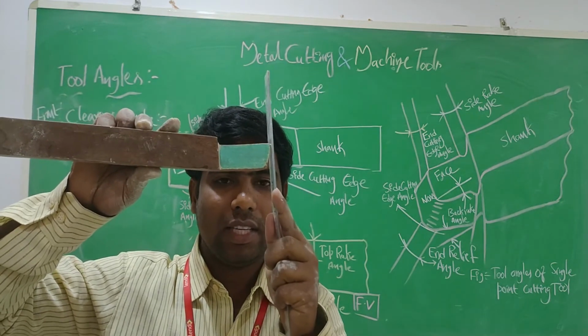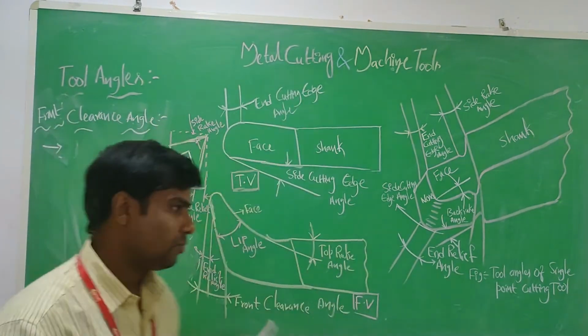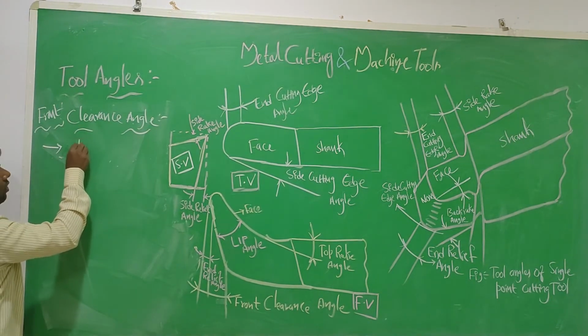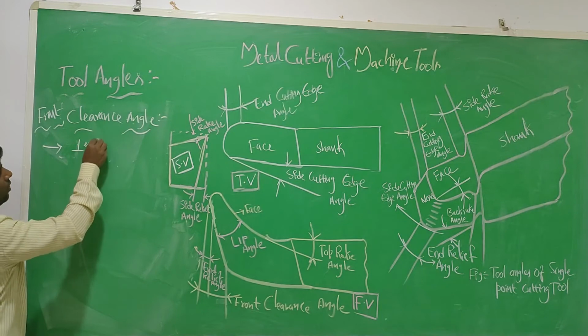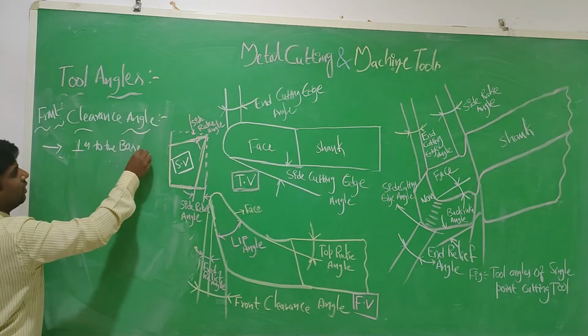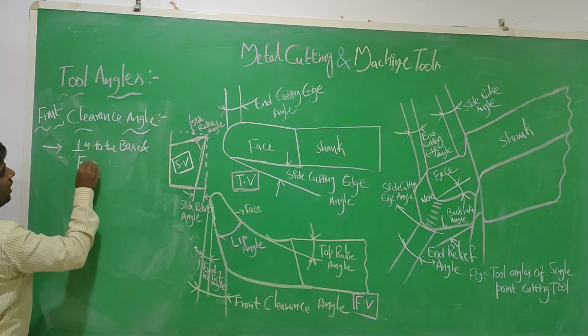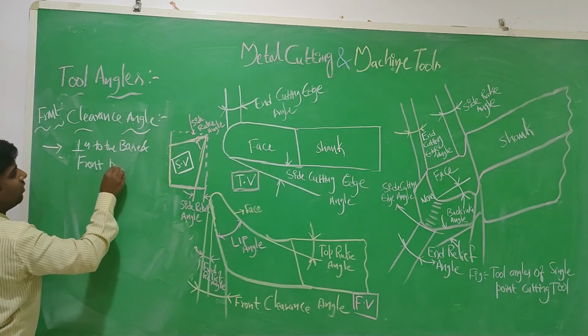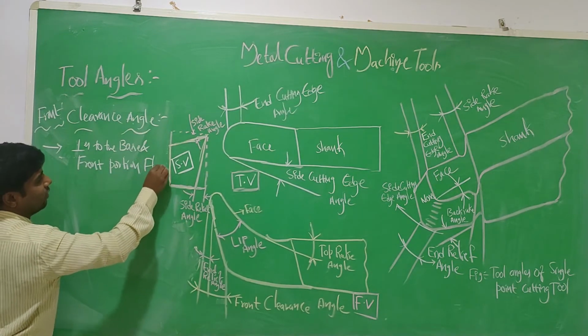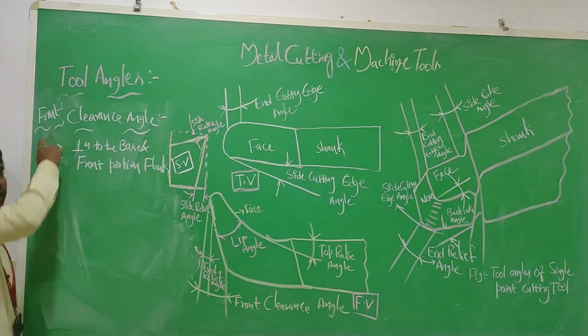So that is called the front clearance angle. Simply I can write, a plane perpendicular to the base and the front portion of the flank is called the front clearance angle.